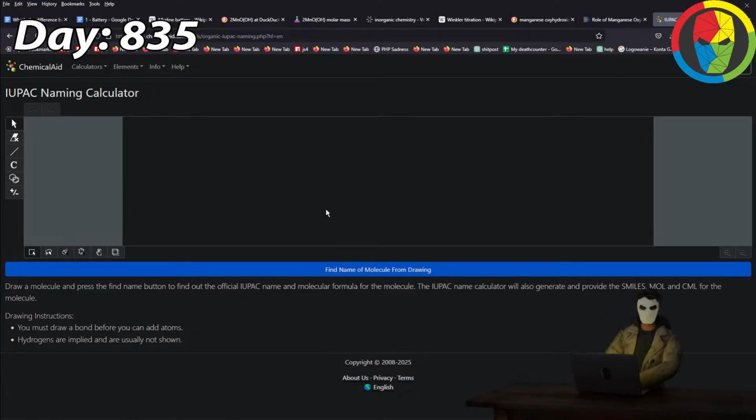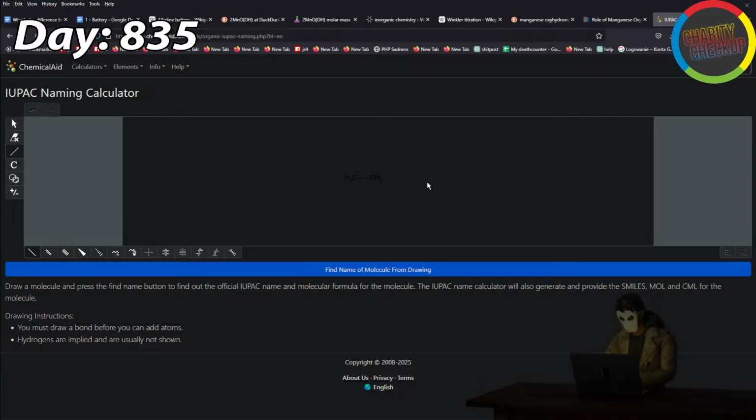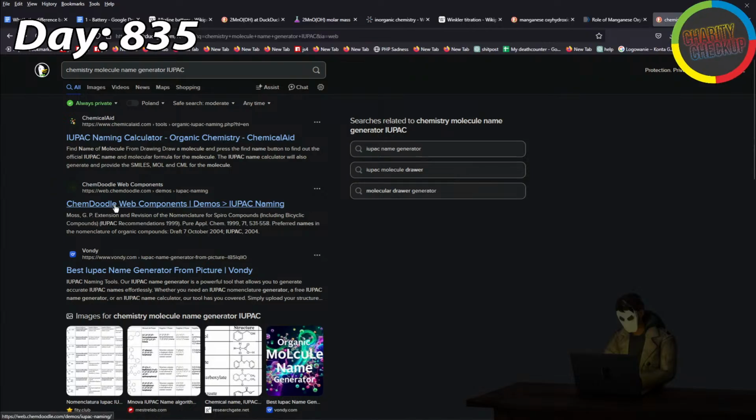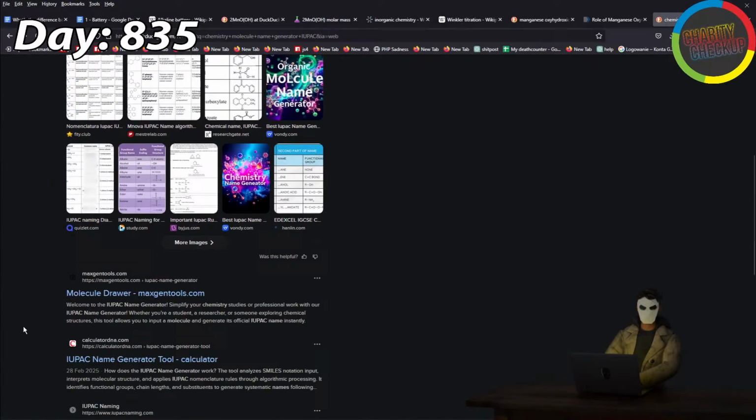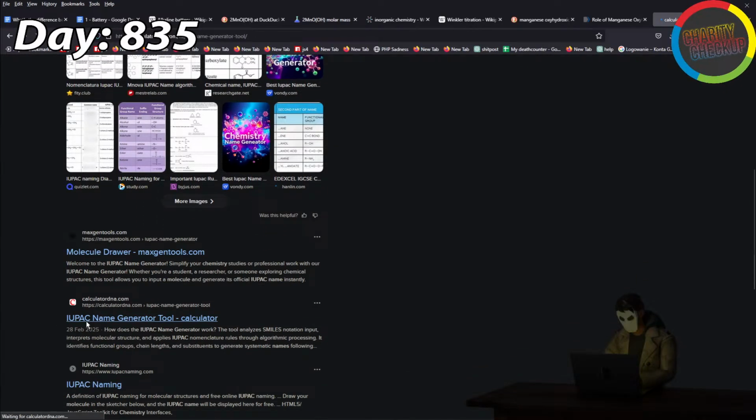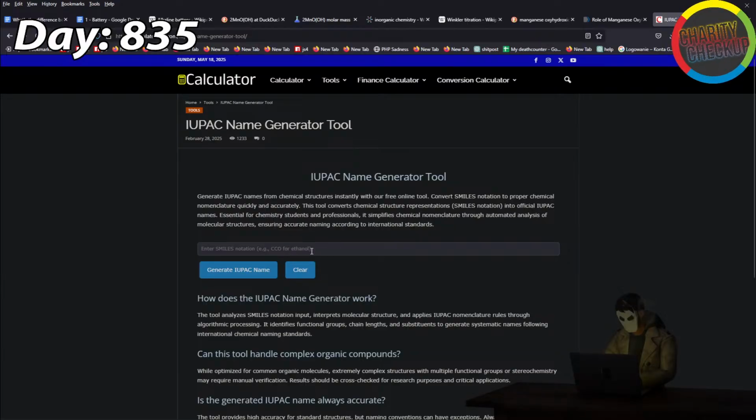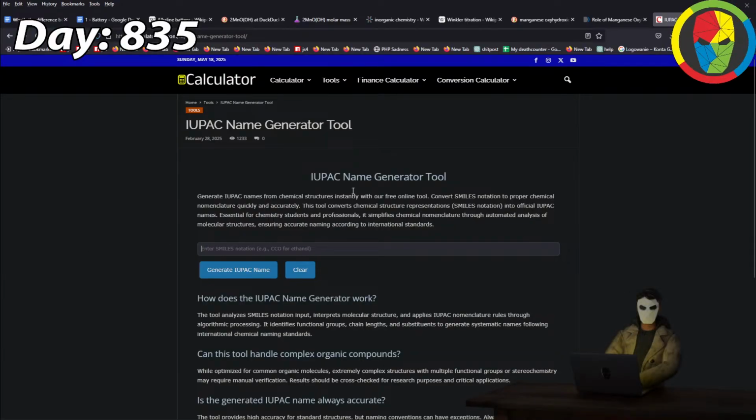Will it be organic molecule? From drawing? No, I don't want from drawing. I can just type in the draw bot because before you can add atoms. Yeah, I don't want organic. I want inorganic. From picture, no, from... Oh, there we go. No, that's a number.